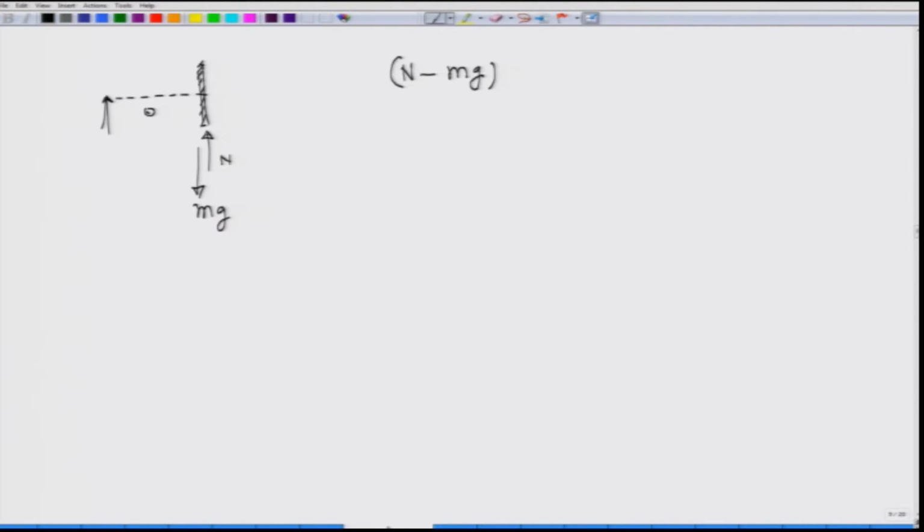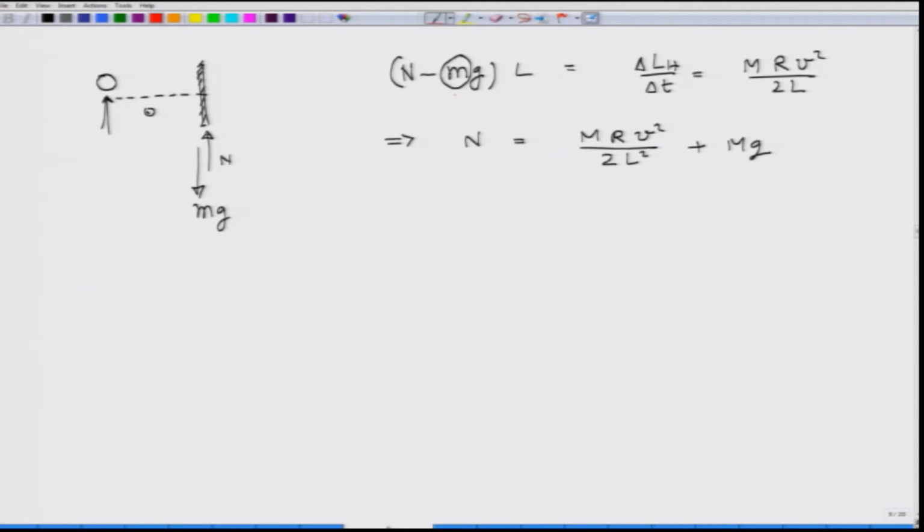N minus mg times L, if I take this torque about this point O, which is a stationary point, it should be equal to the delta LH by delta t, which is nothing but equal to M R V square over 2L. This implies N is going to be equal to M R V square over 2 L square plus mg. I should have used a capital M out here, which is the same.